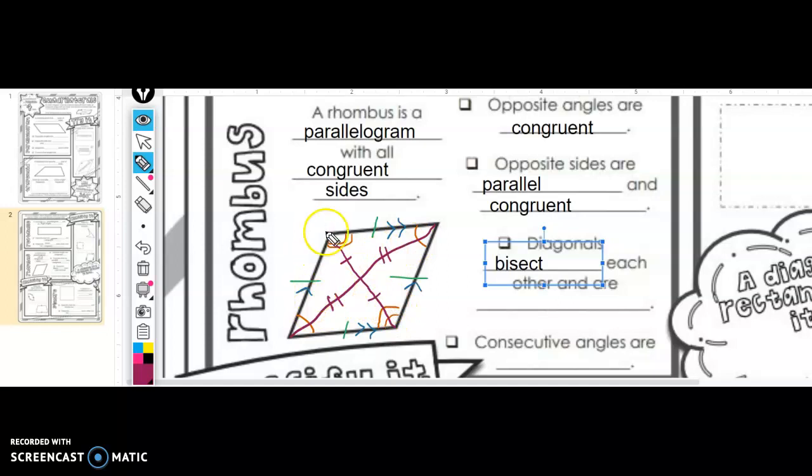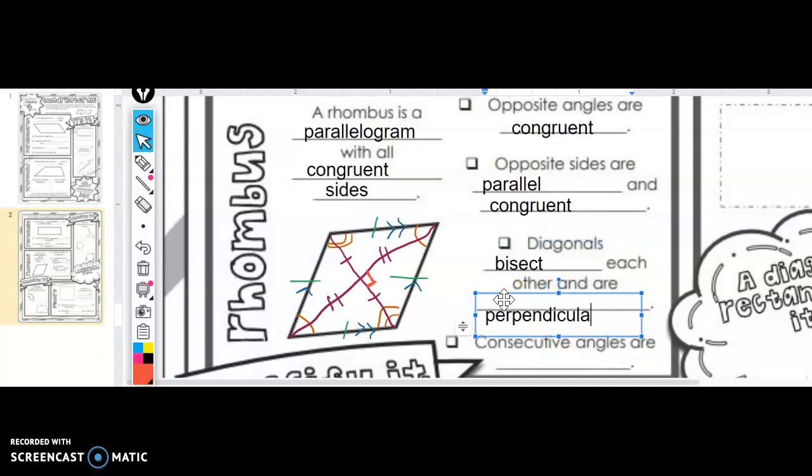They bisect each other, they split each other in half, and they also are perpendicular to each other. Since we used red for the 90-degree angle symbol, that's where perpendicular goes. They are perpendicular to each other.